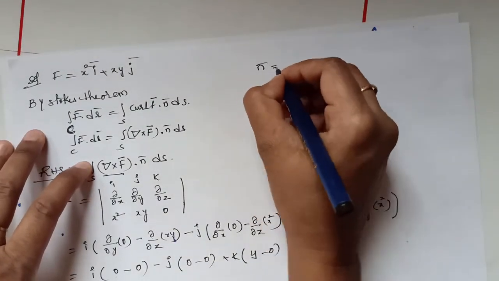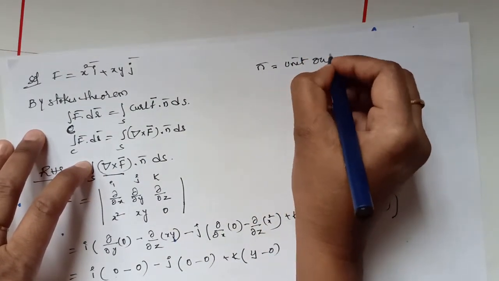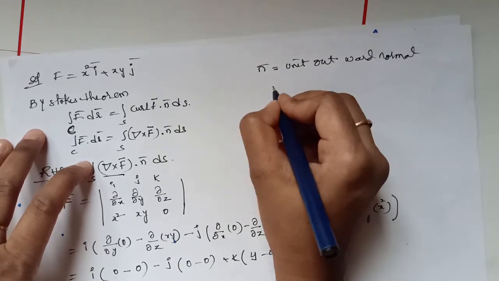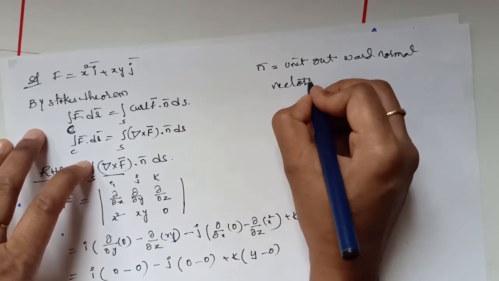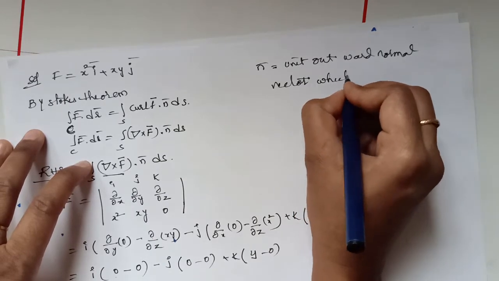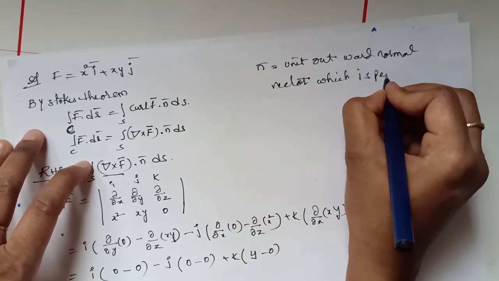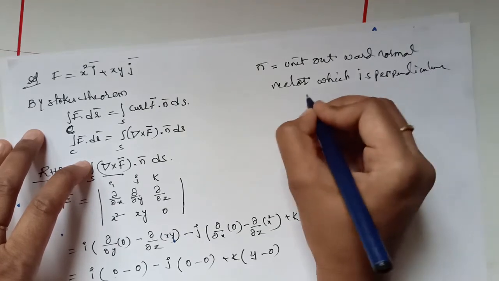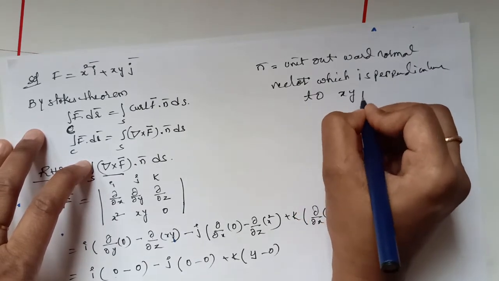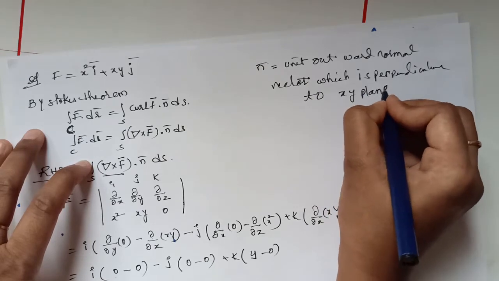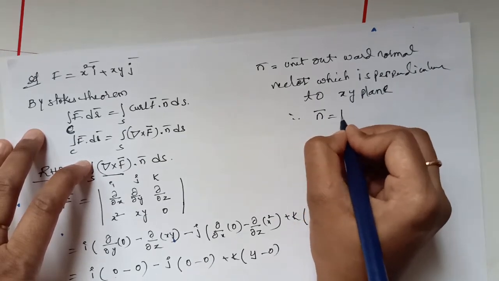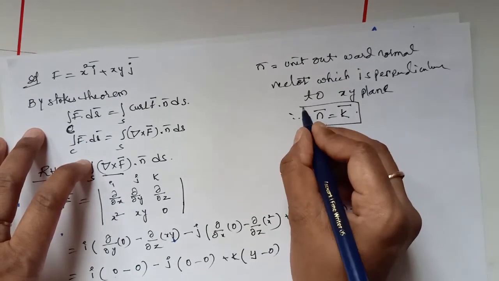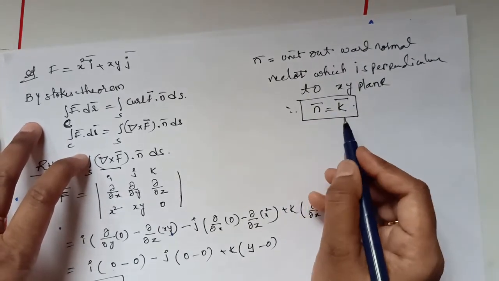N bar is the unit outward normal vector, which is perpendicular to the xy plane. Therefore, n bar is equal to k bar.